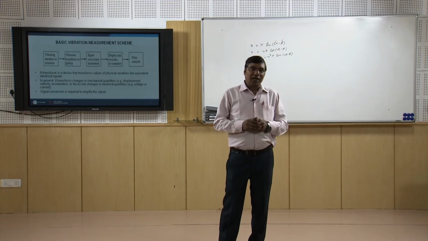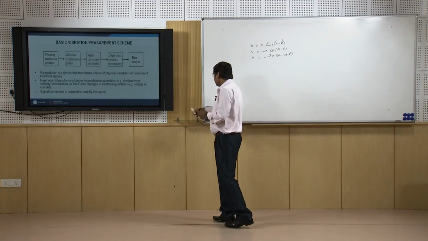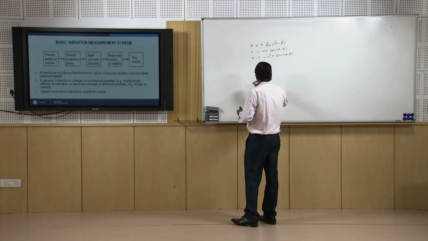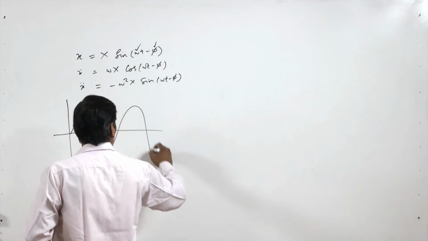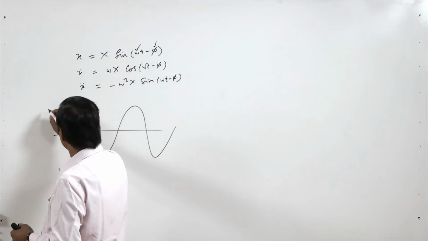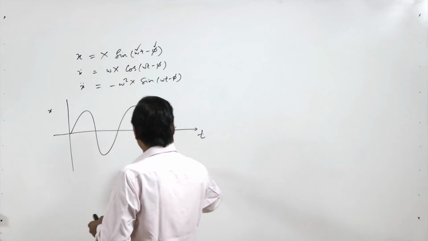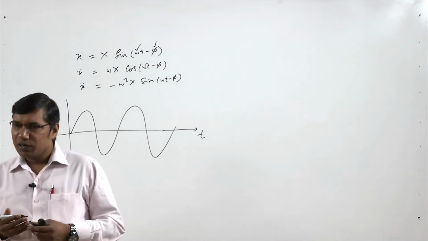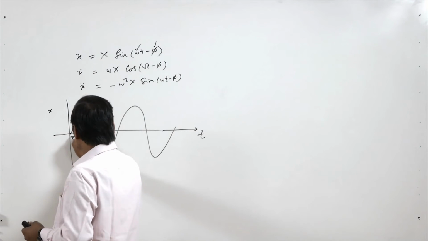So for example, if we are measuring some vibration, we have this signal that we are measuring. Suppose we are measuring x versus time. So this is a signal that we will obtain. And here time is 0.